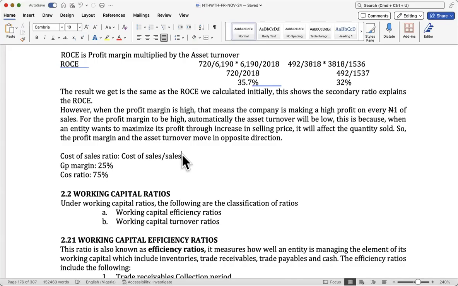Then maybe they can say your cost of sales to your assets, or your cost of sales to your receivables ratio. But now they are not specific. They just said cost of sales ratio. That was the only thing they said. So the rational thinker will look at, if I have my cost of sales, what can I possibly be comparing it with for me to know how profitable I am?